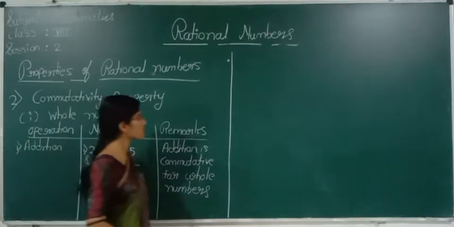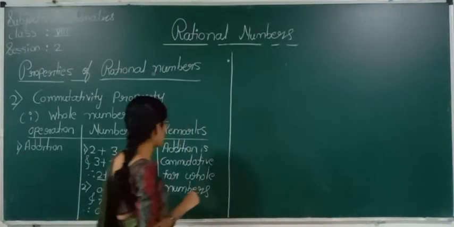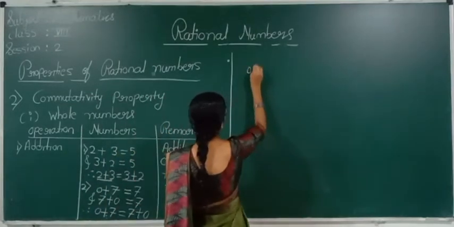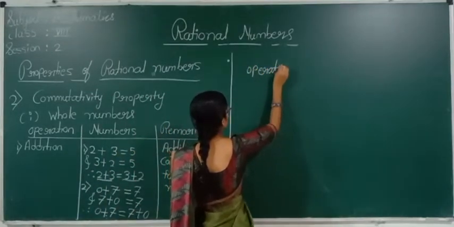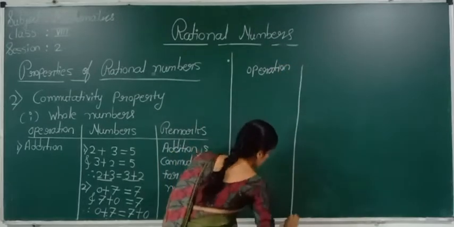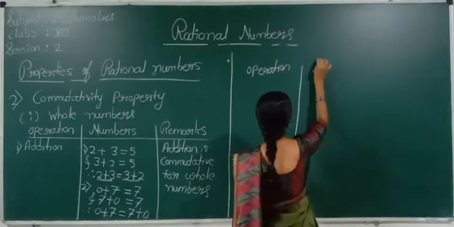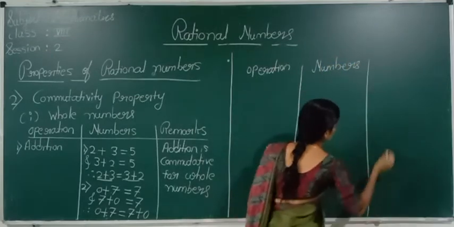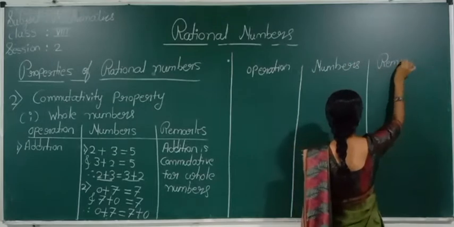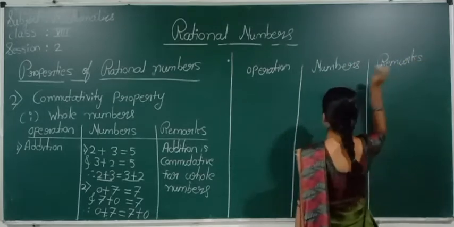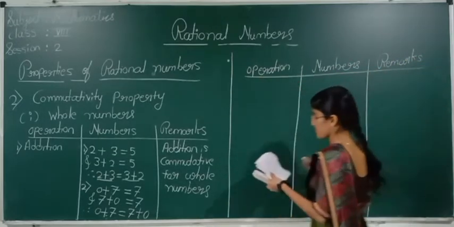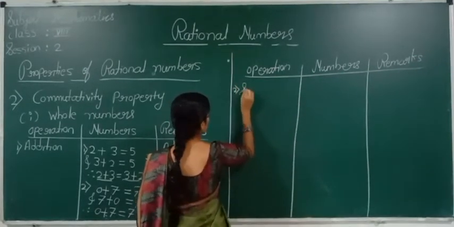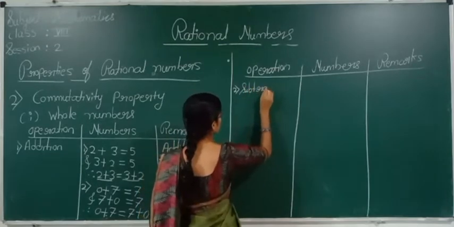Now we will see for subtraction, whether subtraction is commutative or not. The second operation is subtraction.